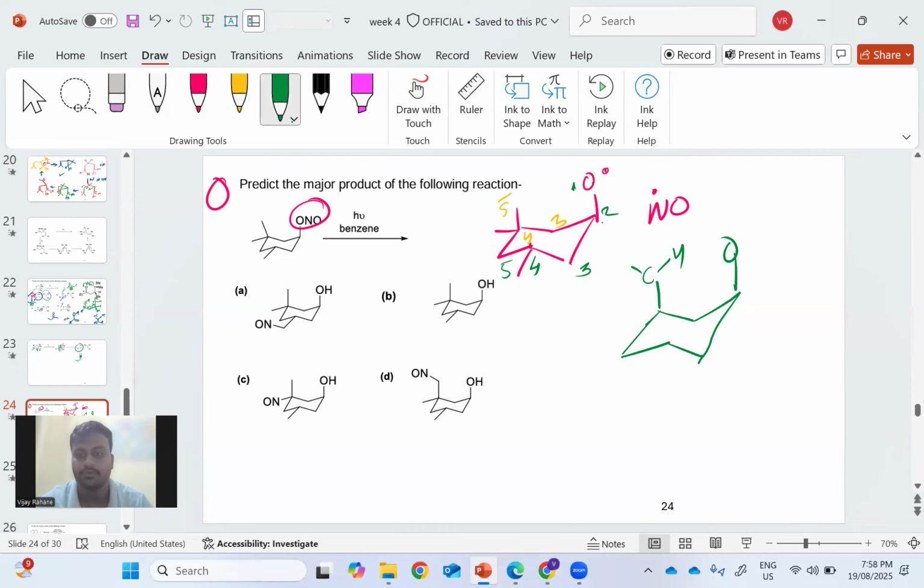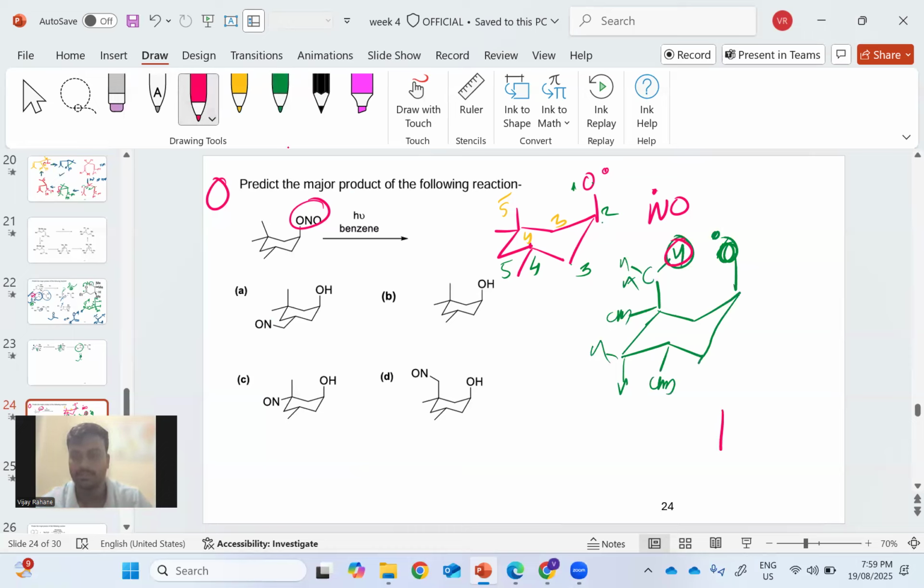So here is one proton. There is again one CH3 group. Here there was a CH3 group, because these protons are not nearby or accessible to this O radical. So that's why this O radical attracts this proton.